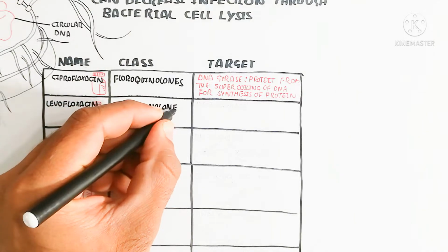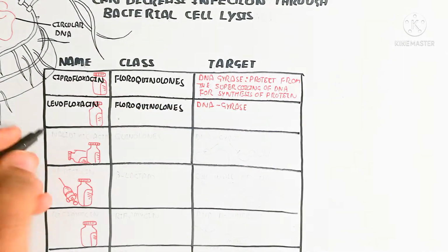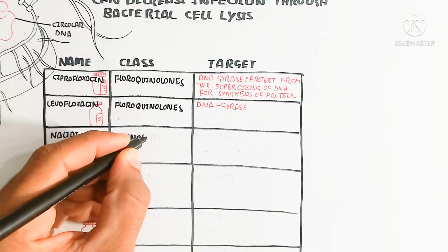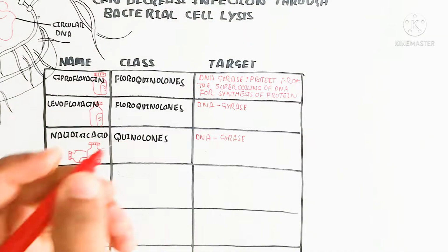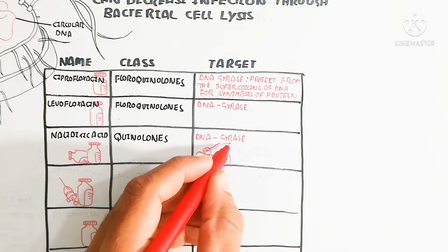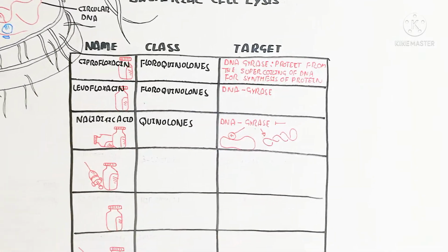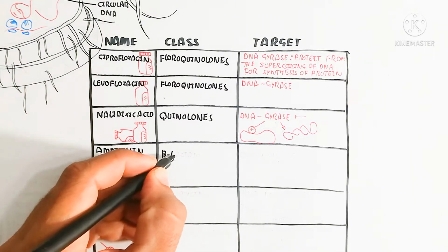The next is levofloxacin. This is also the same class, fluoroquinolones, which inhibits DNA gyrase, while nalidixic acid is of the quinolone class and also targets DNA gyrase. So all three drugs work the same way.